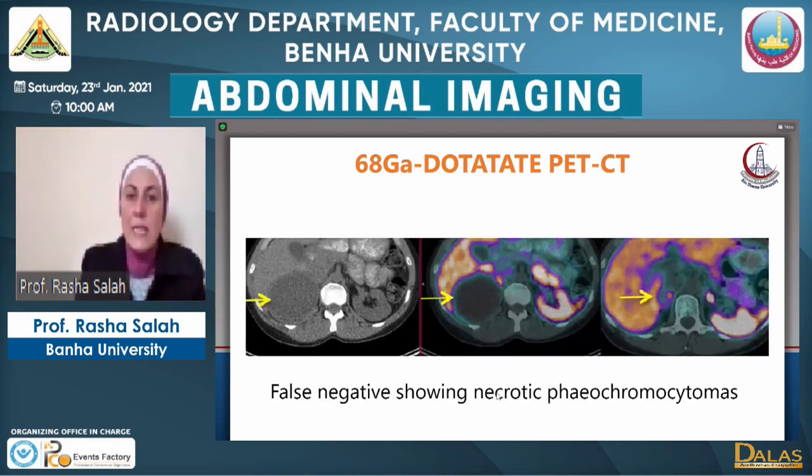Sometimes the gallium dotatate shows false positive results, especially if we are dealing with a necrotic hemorrhagic pheochromocytoma. It could happen that the mass has lost its somatostatin receptors with no gallium dotatate uptake, and this means that we are dealing with a malignant pheochromocytoma, and it will be better appreciated on the FDG PET rather than the gallium dotatate PET.